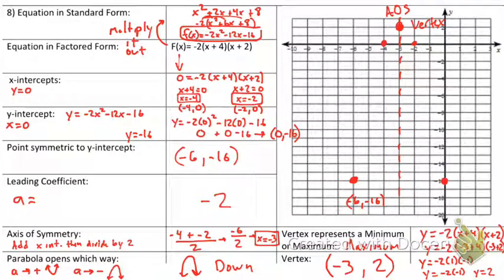Okay, and now let's connect these dots like a parabola. All right, so something like that. Let's do a little better job. And there's your graph.